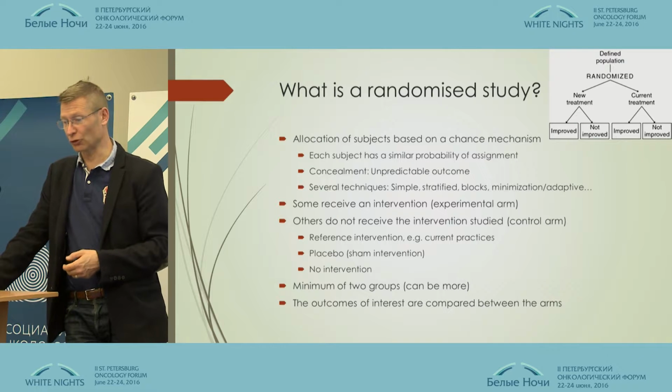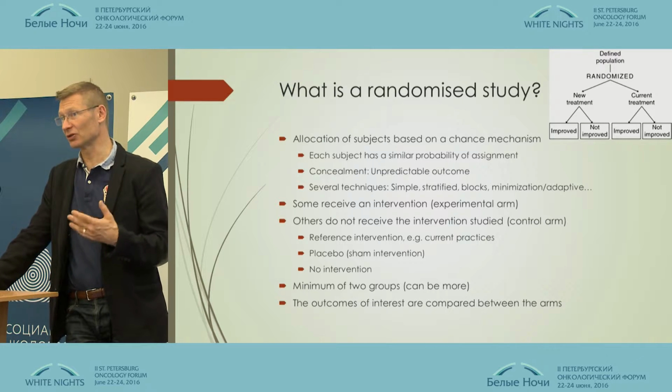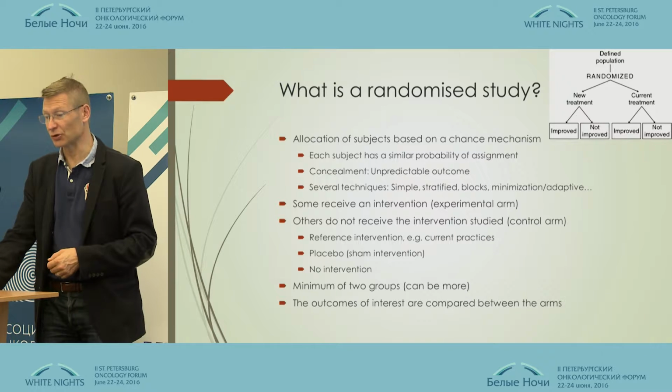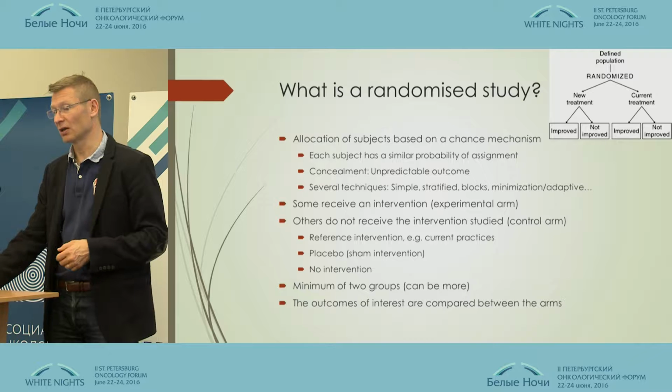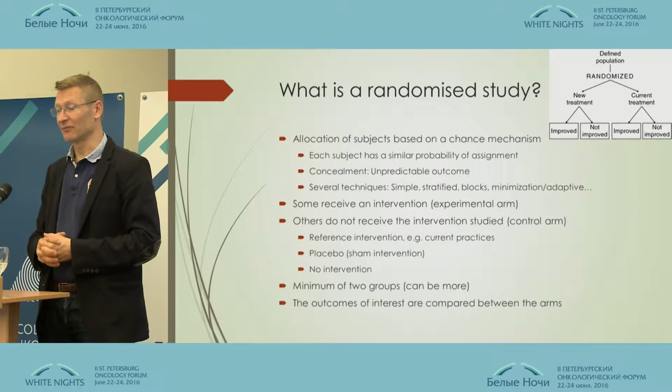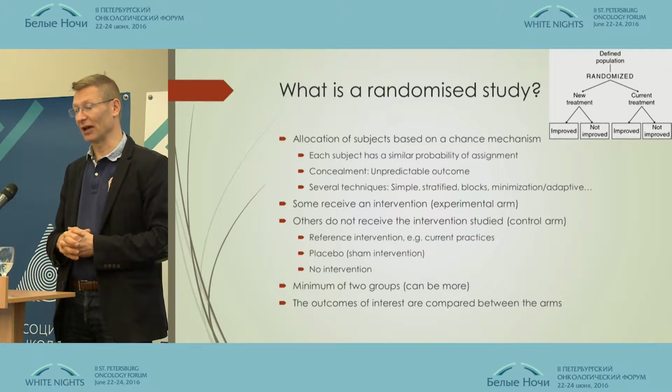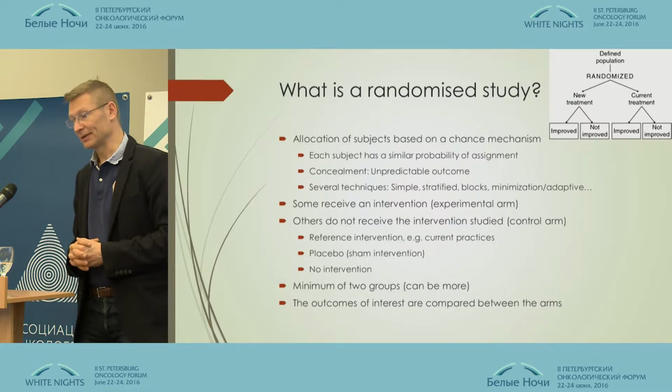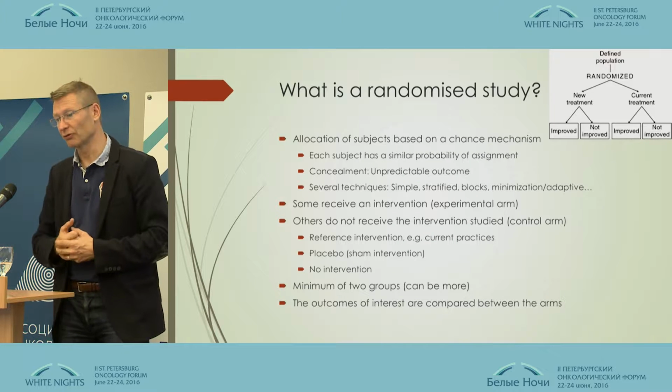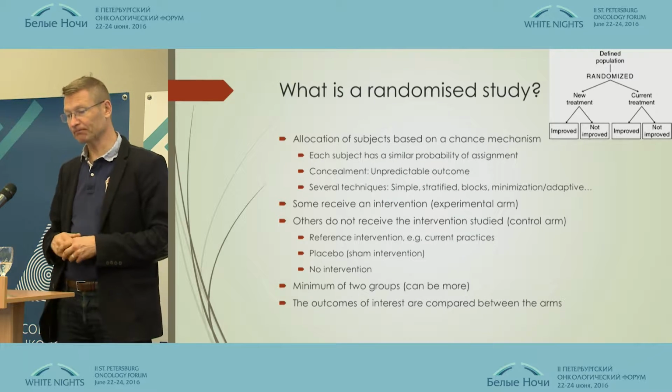Another major issue is concealment, which means that we are making the allocation unpredictable, so that there's no way for anybody to be able to guess in advance what will be the outcome of the allocation. And okay, I won't go into the details of the techniques.